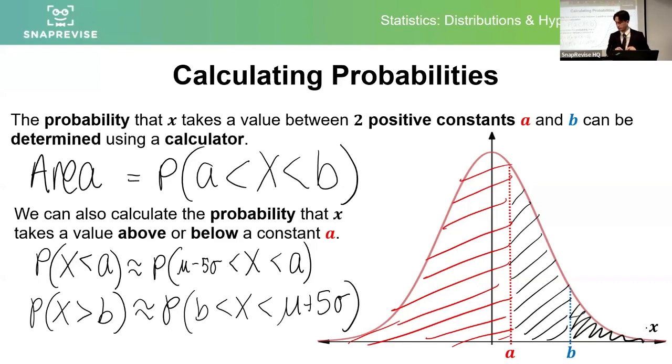And so the difference would be the bit trapped in between. Of course, a lot of calculators can just work out the in-between bit, so there's a couple of ways around how to do this. But what we're getting at is this is all to do with areas, and we're going to see this in a couple of different contexts.